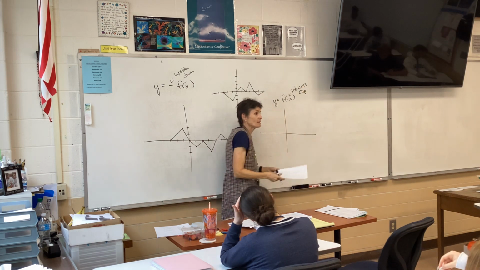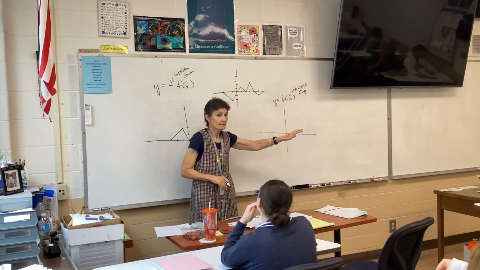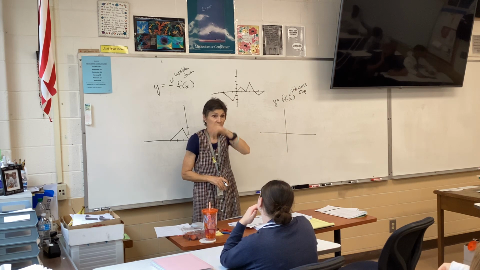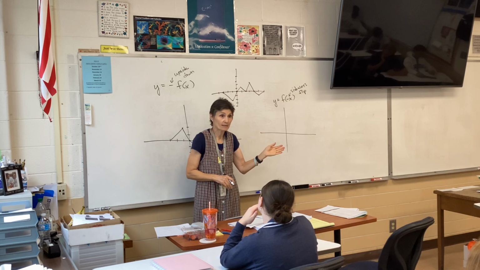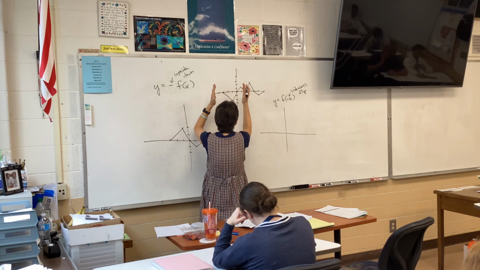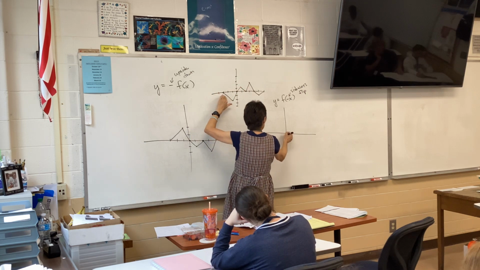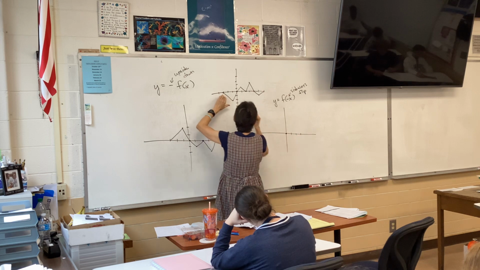Now, what does that mean in terms of the picture? That means if it was on the right, it's now gonna be on the left, and if it was on the left, it's now gonna be on the right. So when I look at my original, on the left is this little triangle thing right here. That's now gonna be on the right.